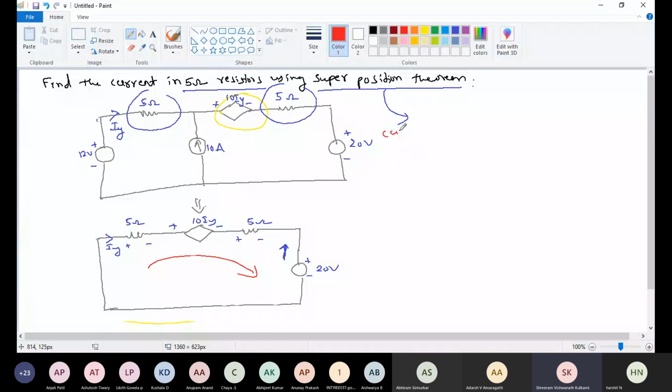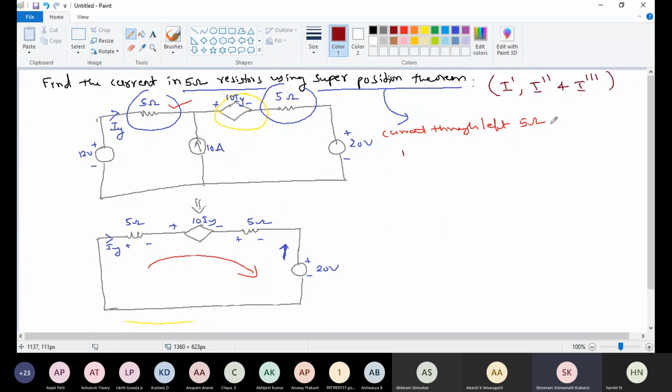Now first one, using superposition theorem, current through left side of this one, left 5 ohm, for all the cases we consider, here I will write I dash, I double dash and I triple dash.